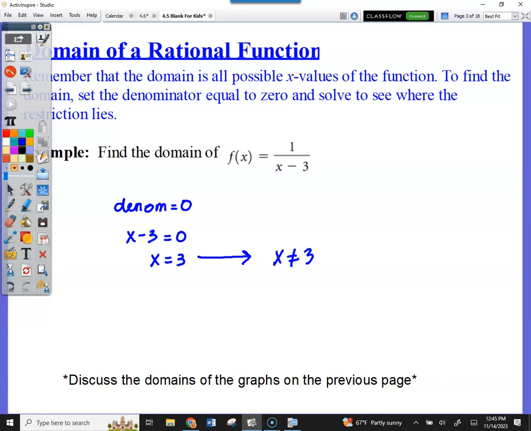Now how do I actually write it in the fancy notation? You can write it one of 2 ways. You can say that it's all numbers x, such that x cannot be 3. Or you can do the interval notation to say it's negative infinity up to 3, skipping over it to infinity. So I'm going to write domain right here.